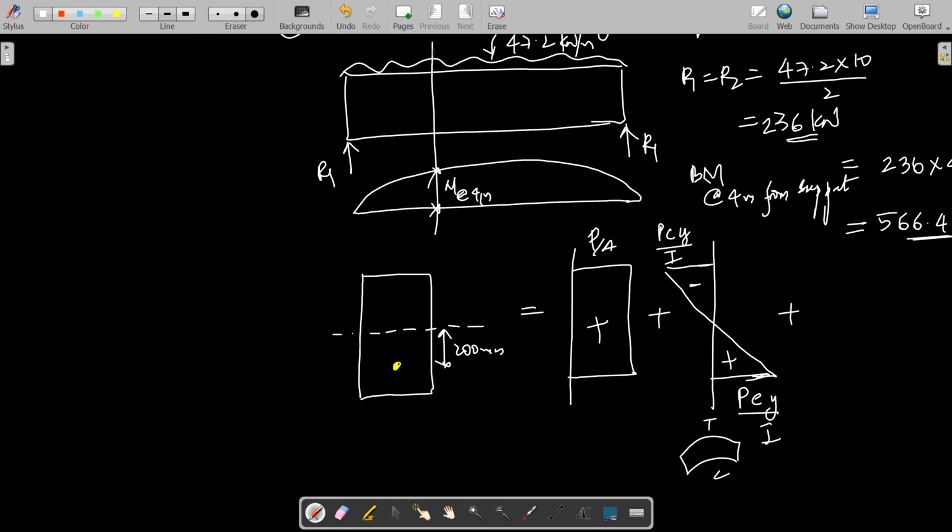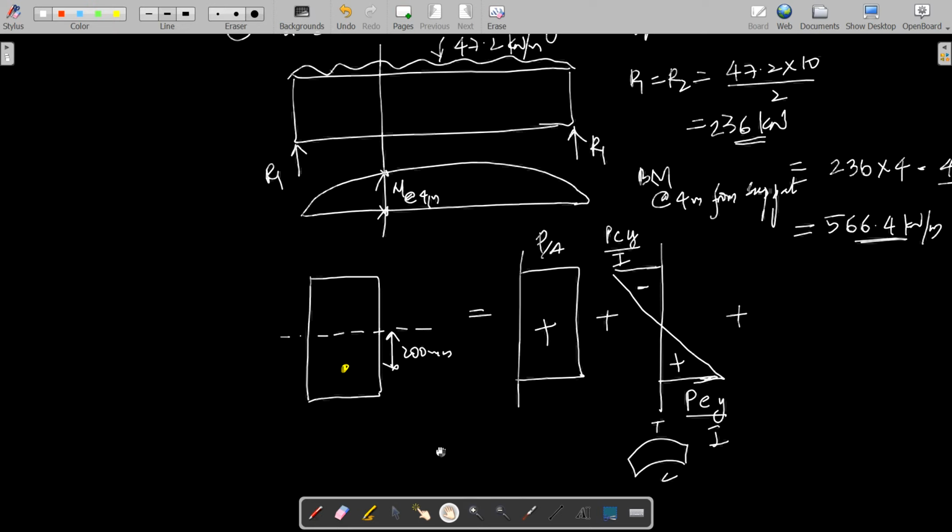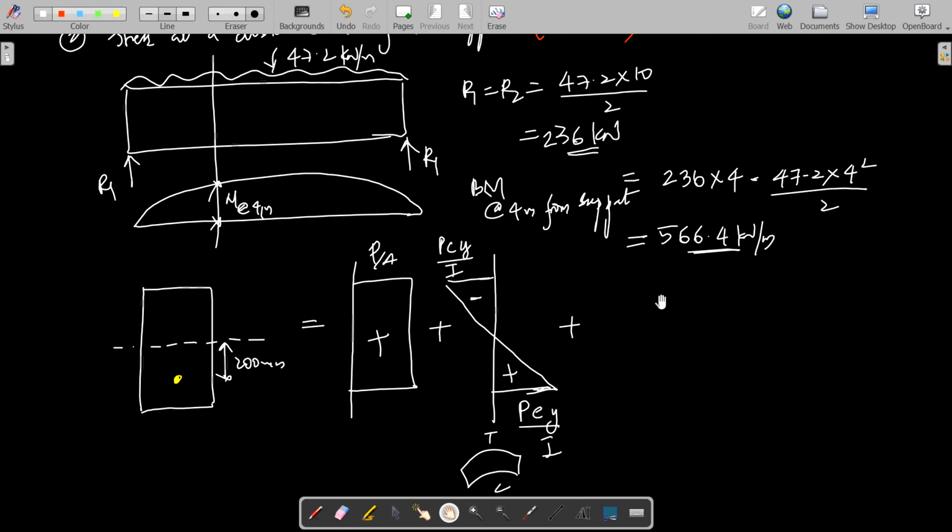Now I can either write it separately or I can write it together. Since I have done the load calculation together, I will write the dead load and live load moment together, and I will represent it as M at 4. That is due to the applied load. Applied load, it is going to bend like this. So at the top it is compression, at the bottom it is tension.